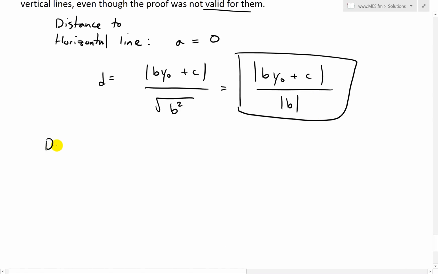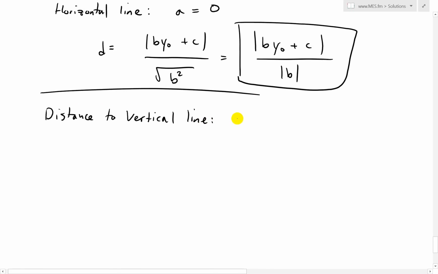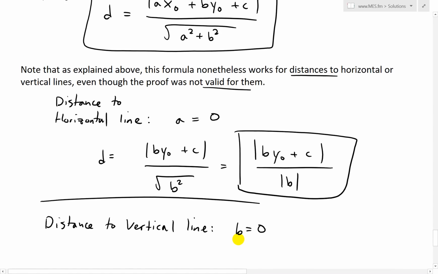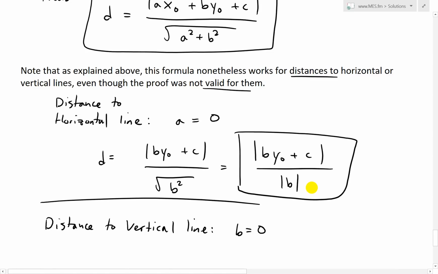So now distance to a vertical line, let's put this arrow like that. This is when b is equal to 0, so the y term goes away, and we just have x equals negative c over a.